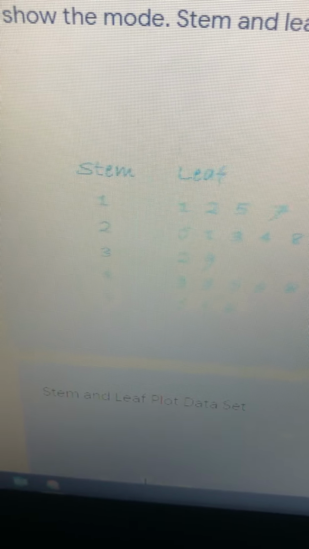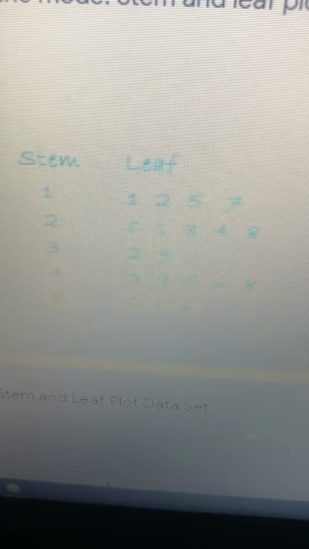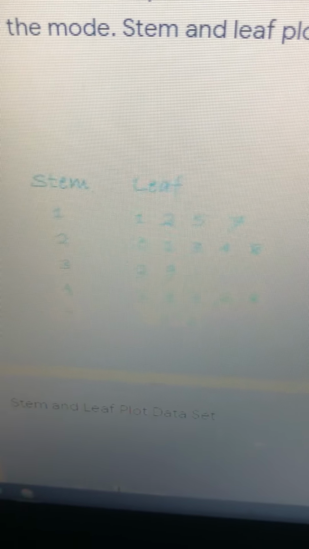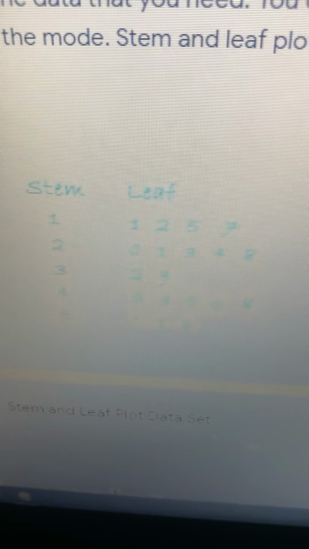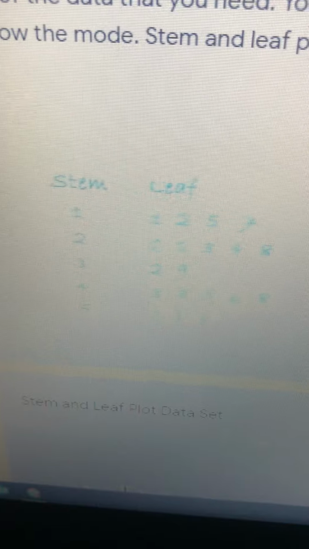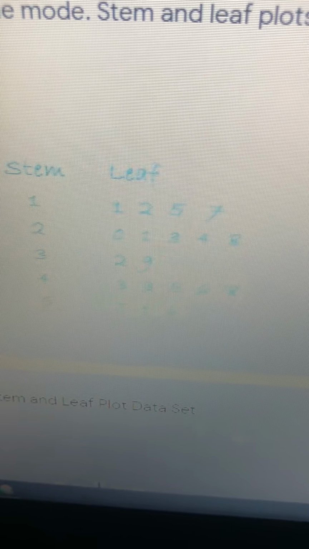So the stem is like the first digit, and the leaf is the second and third digits, and so on. In this example, the first stem is 1 and the leaf is 1, and put those together and you get 11. So you have 11, 12, 15, 17, and then 20, 21, 23, 24, 28, and so on.